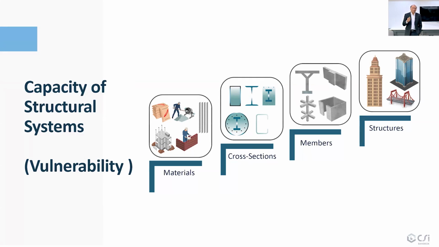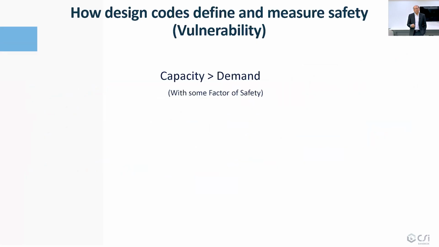Which means that to make these structures, we have to start with the materials and cross-section. Today we will talk about the materials and cross-section combined together to give us the strength as well as the performance.